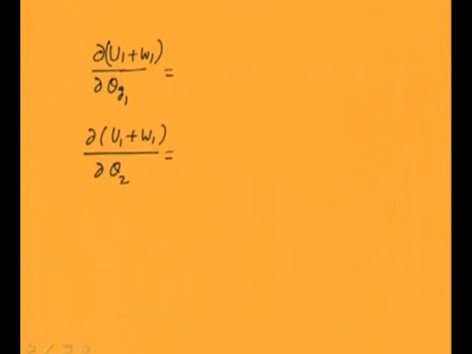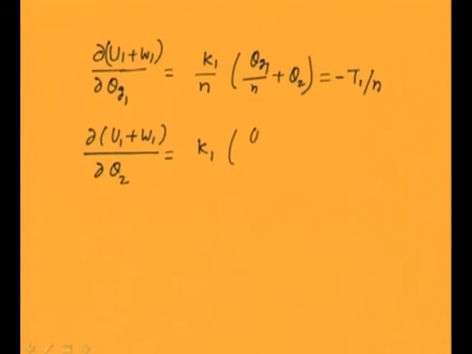So we will get K1 times theta G1 by N plus theta 2 is equal to minus T1 by N, and from the second term we get theta G1 by N plus theta 2 is equal to T2.